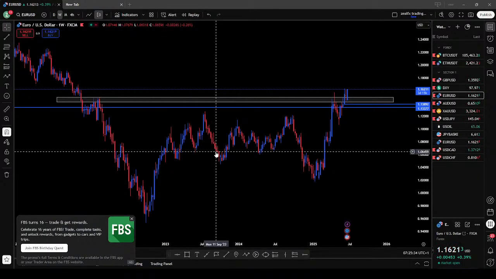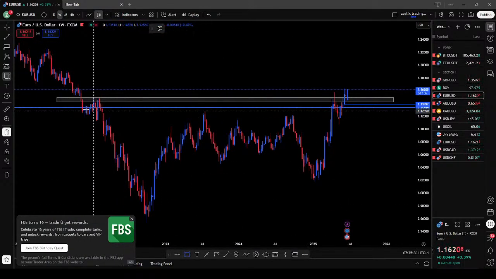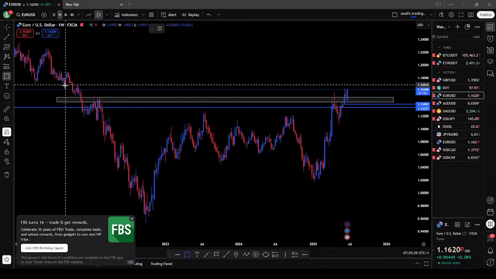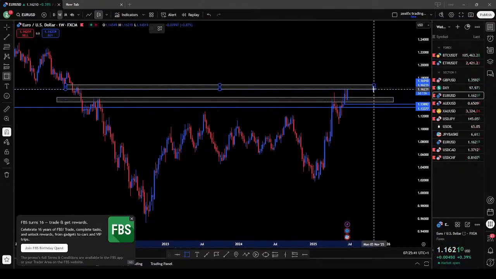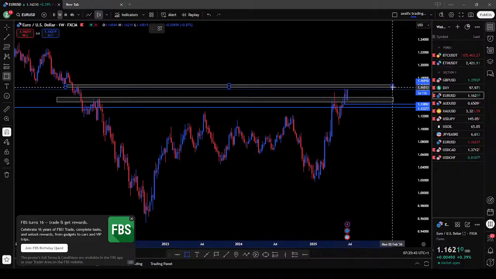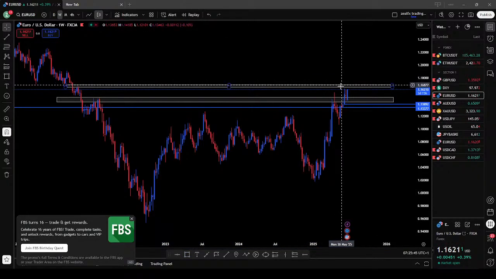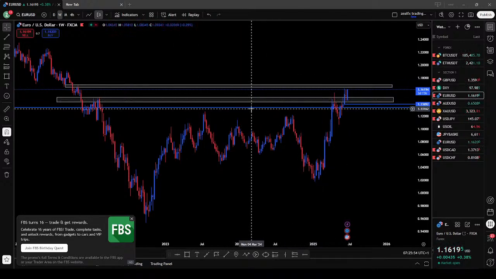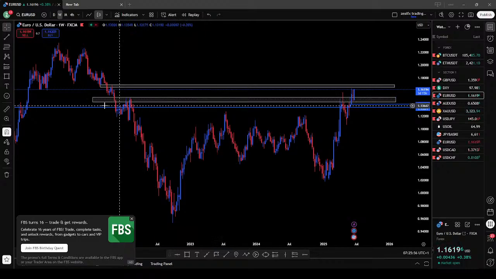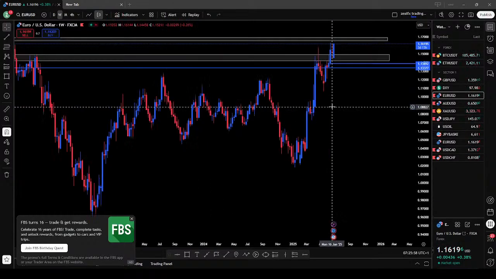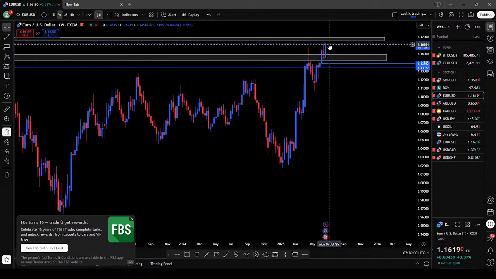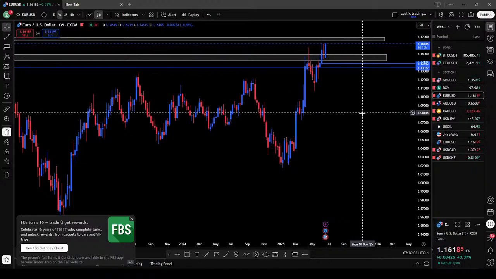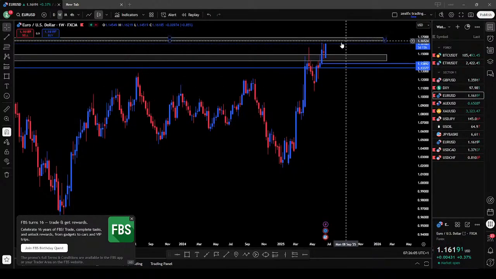We expect price to move to this next resistance level. We are still expecting price to move to this resistance level on EURUSD because we have a bullish structure on the daily chart, and price also rejected from a support level on the EURUSD, which is this monthly support level. So we might be seeing price moving to this resistance before we look for our sell opportunity for EURUSD.